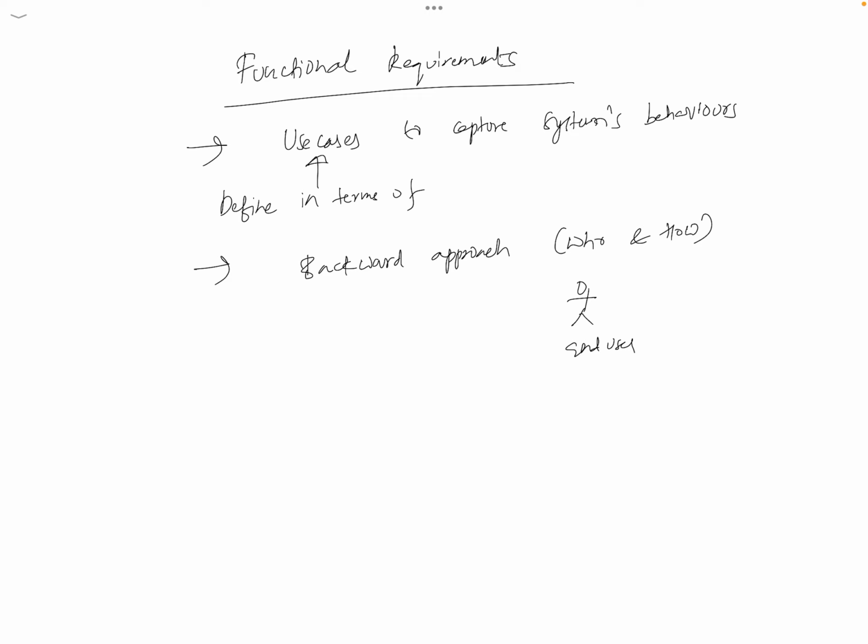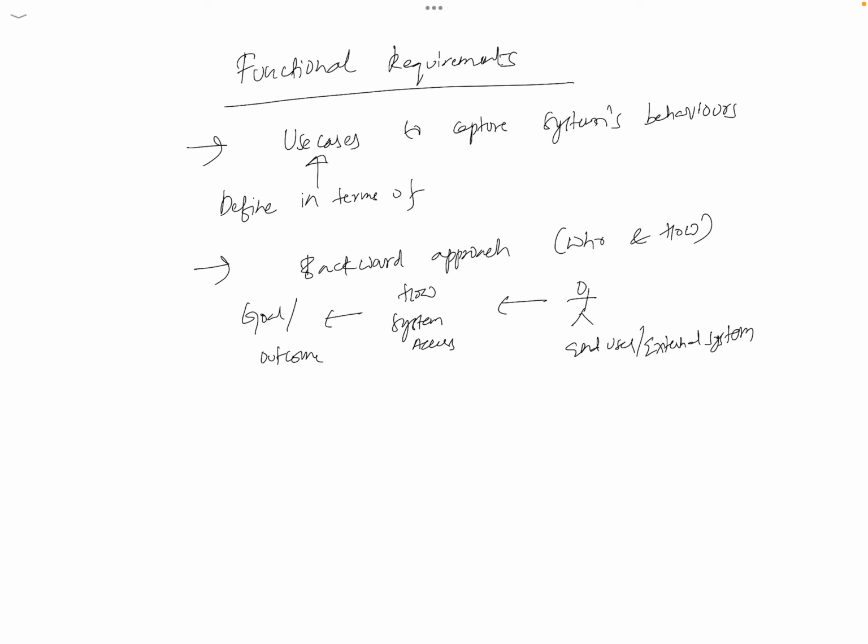So the who part is the end user, or it could be an external system, and then we need to identify how the system is being accessed, and then we also need to identify the desired outcome or goal of the end user, like what the user wants to achieve using our system.